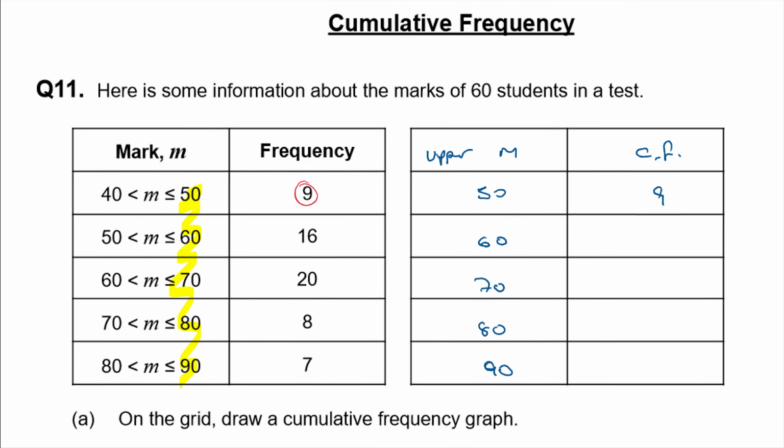Second cumulative frequency is 9 and 16. 9 plus 16 is 25. Next cumulative frequency is all of them, so it's down to there. I can add 9 and 16 and then 20, but I already added 9 and 16, it's 25, so my next cumulative frequency is to add 20, which is 45.